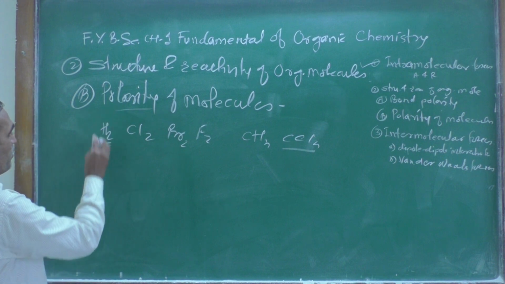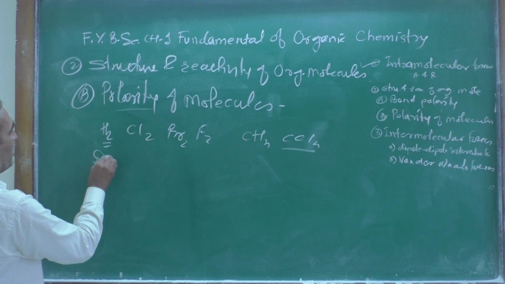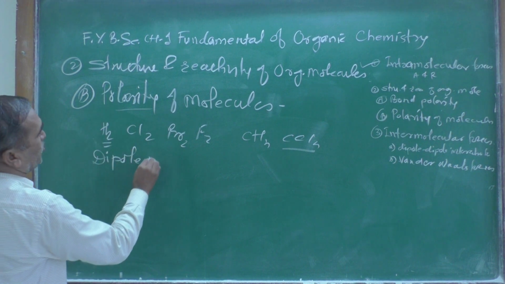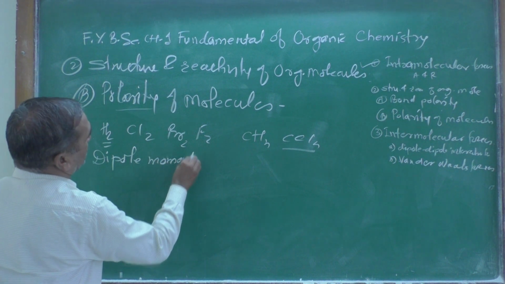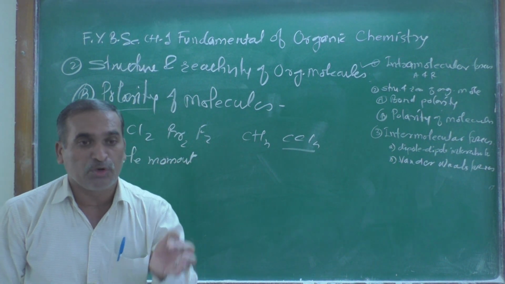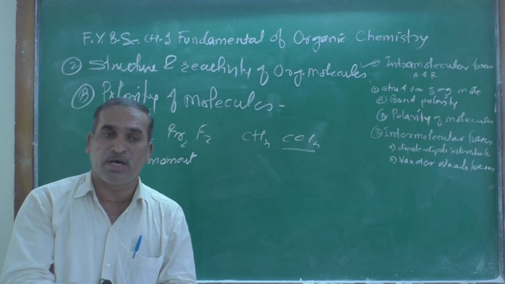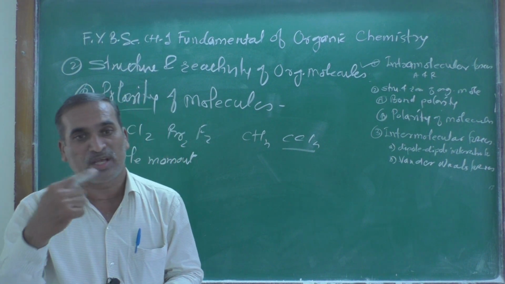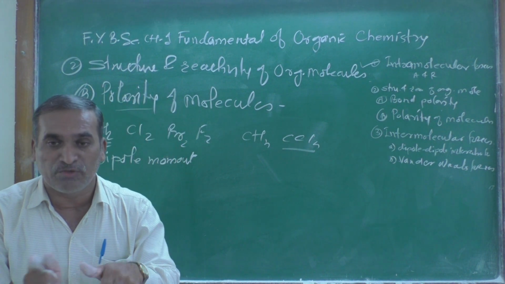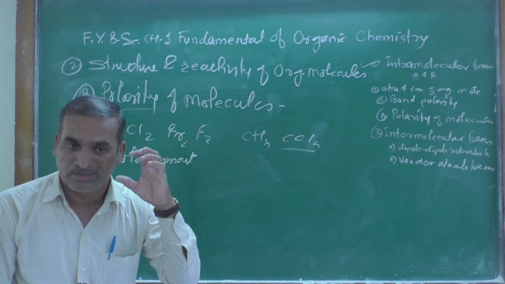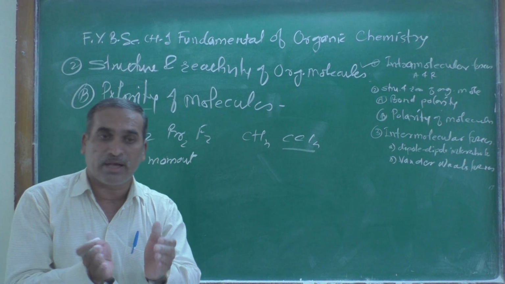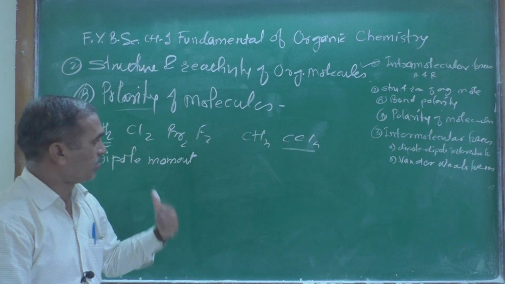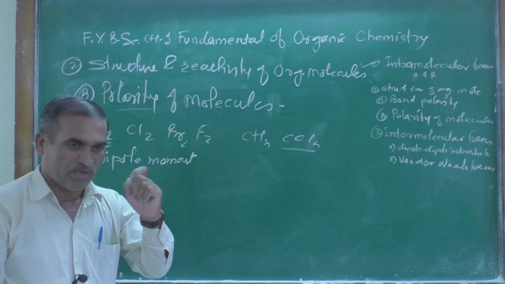Whenever a bond is formed, they are all showing a dipole. Here remember there is a dipole moment. Dipole moment is one of the important properties, similar to the melting point, the boiling point and the solubility, which we already talked about in the very first lecture.